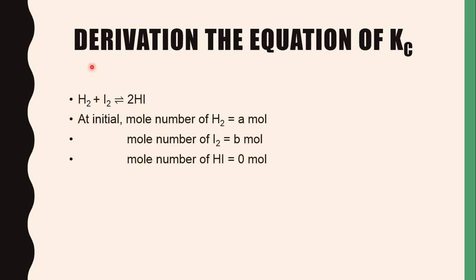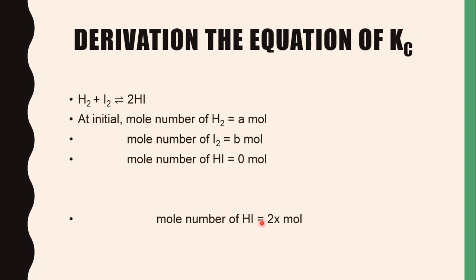Look, here 1 mole hydrogen and 1 mole iodine react to produce 2 mole hydrogen iodide. Let the mole number of hydrogen iodide equal 2x mole at equilibrium. Now 1 mole hydrogen and 1 mole iodine react to produce 2 mole hydrogen iodide.